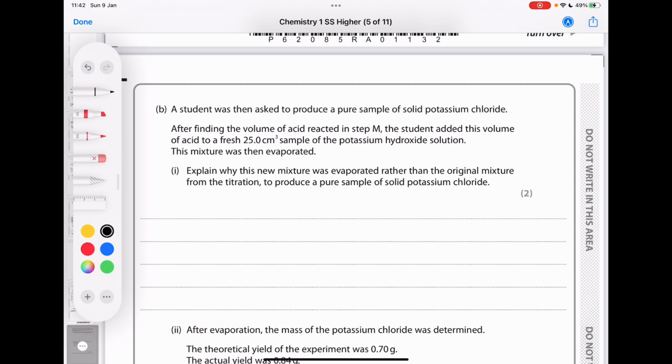For question B, you were asked about getting a pure sample of solid potassium chloride, and you are told a student has done a titration and then repeats the titration rather than using the original version. The reason for this is that the original titration mixture contains an indicator. That's how you know when the reaction is finished.